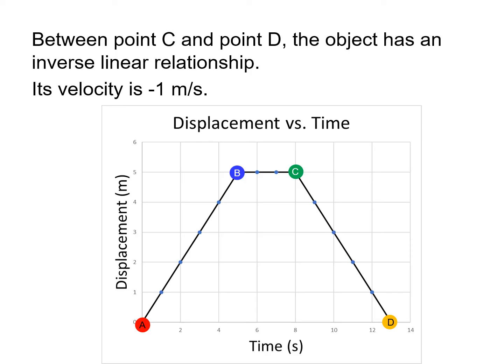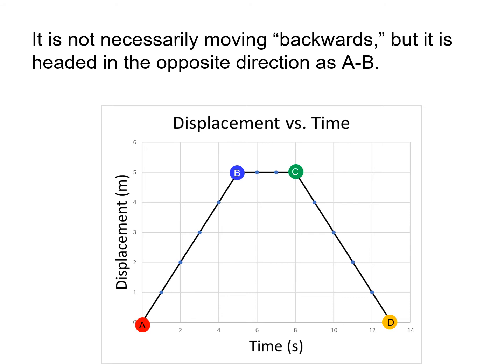Between point C and D, the object has an inverse linear relationship. If you calculate the slope, you will get minus 1 meter per second. That means it's headed in the opposite direction as AB. It is not necessarily moving backwards, it's just going in the opposite direction.